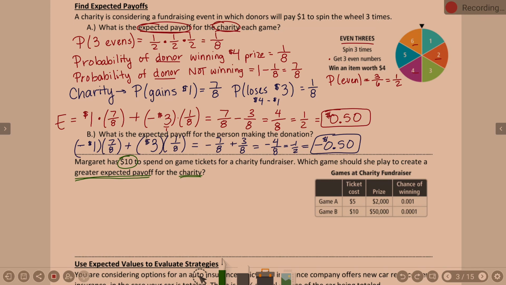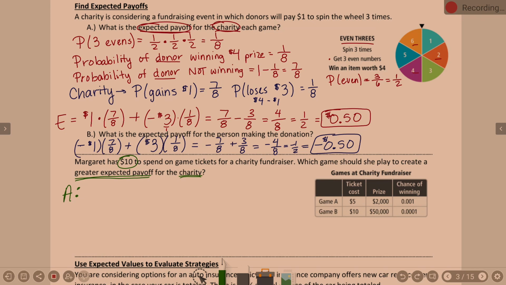Bigger pot, less of a chance of winning. Either way, we're spending the $10. So Patrick wants a chance to win the 50,000, not that piddly little 2,000.